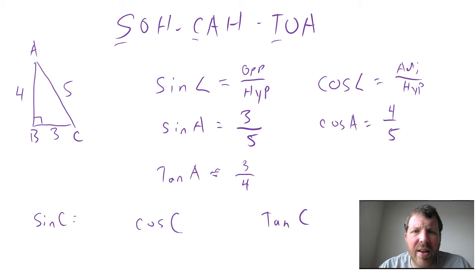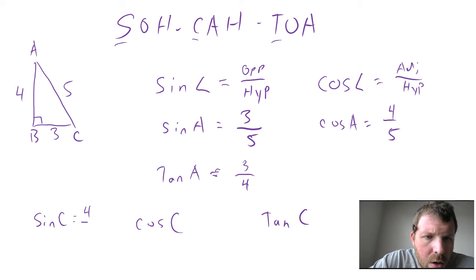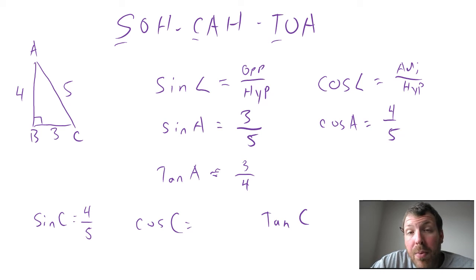All right, so what's the sine of C? Well, the sine of C would be the opposite of C over the hypotenuse. So the opposite of C is 4 over 5. Notice that the sine of C is the same as what the cosine of A is. Okay? It's all trig. The cosine of C would then probably be the same as what the sine of A is.